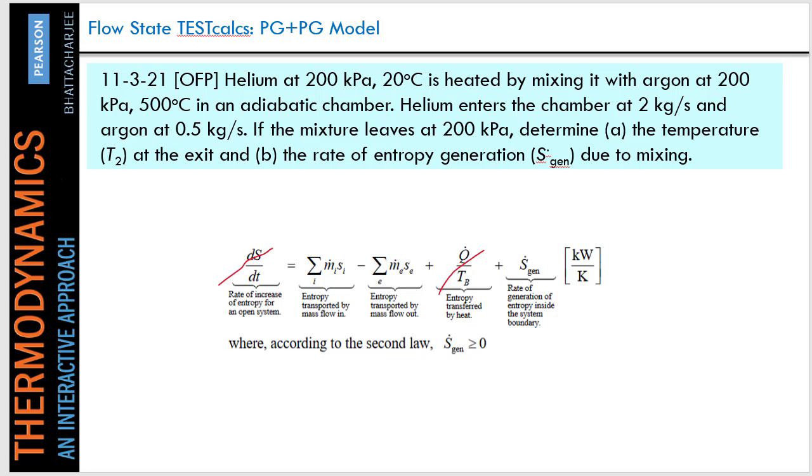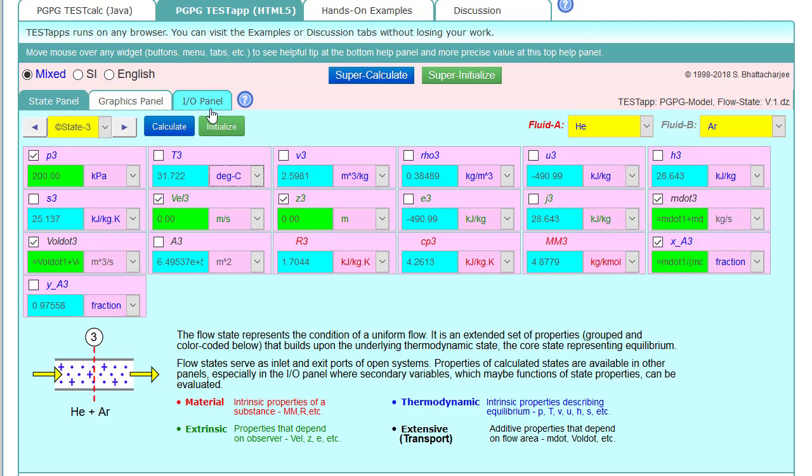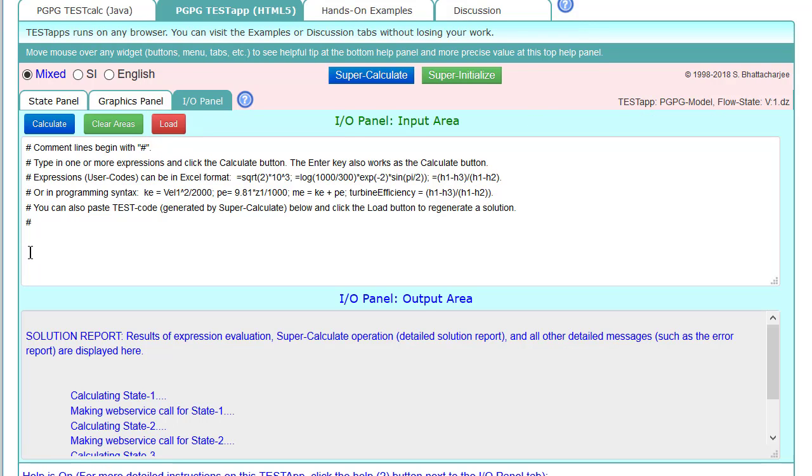So we can go back to test calcs in the IO panel. And I like to do it in a few lines. You could probably do it all in one line, but I think this just keeps it organized. So S initial will be m dot 1 times S1 plus m dot 2 times S2.